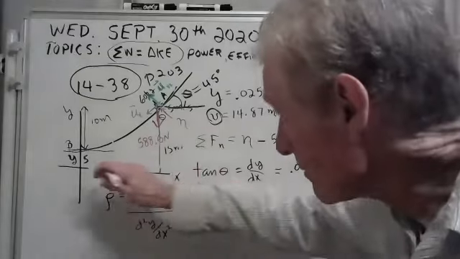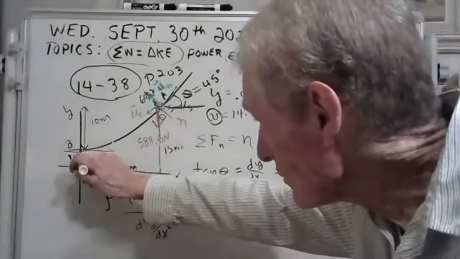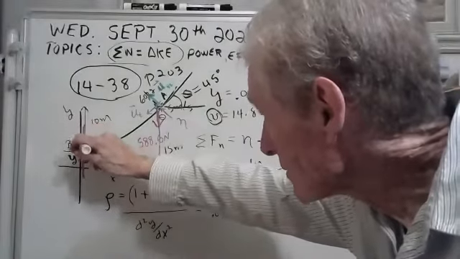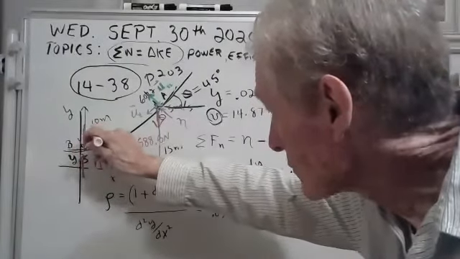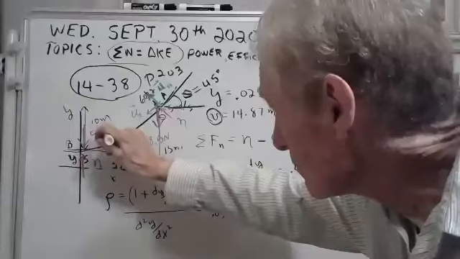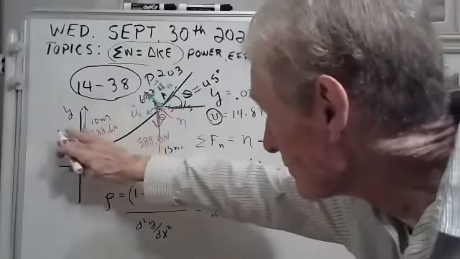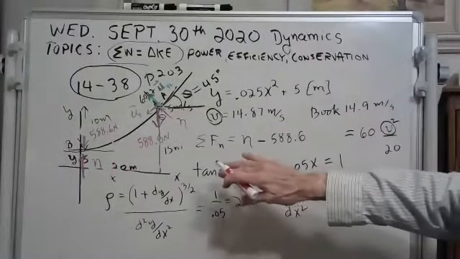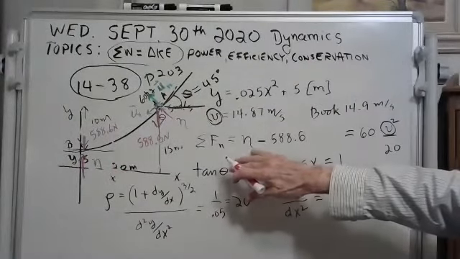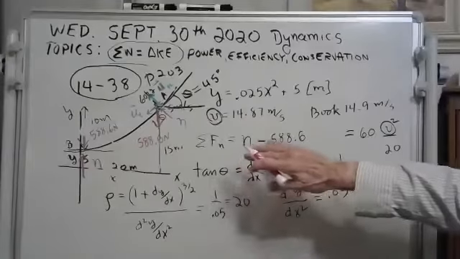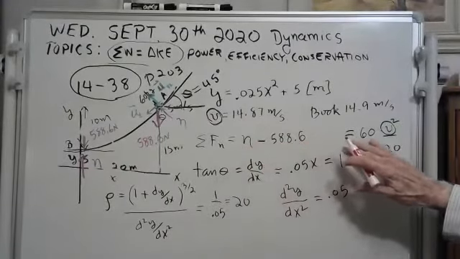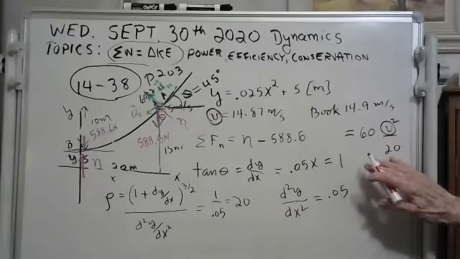When you're down here, you've got a normal force like this and a weight like this. The weight is 588.6 newtons. And I don't know the normal force, but we're going to know it in a minute, because the normal minus the weight will equal m v squared over 20, and we got the v.